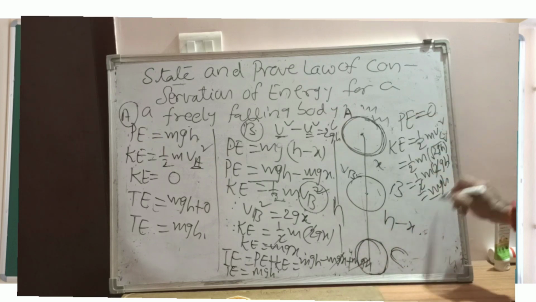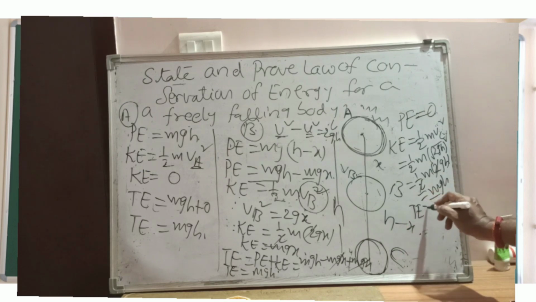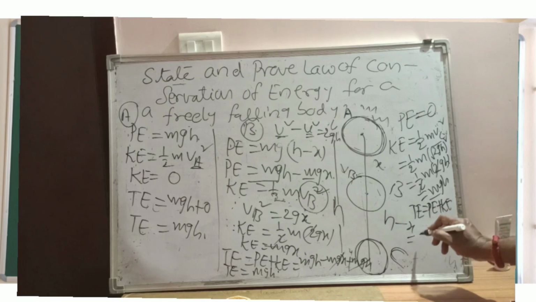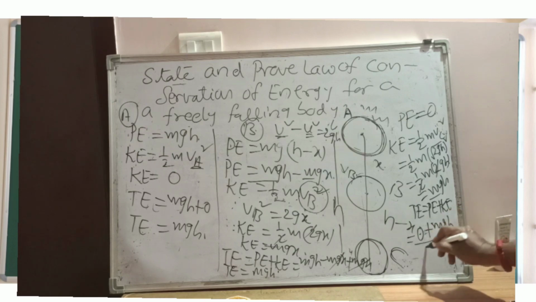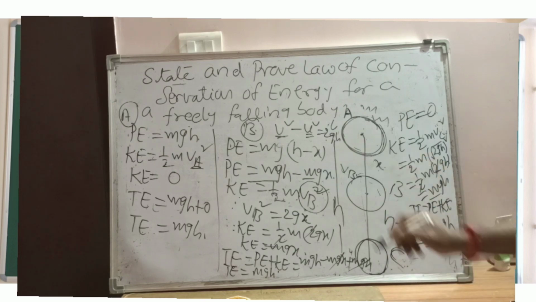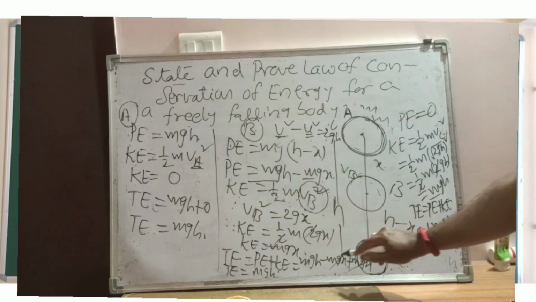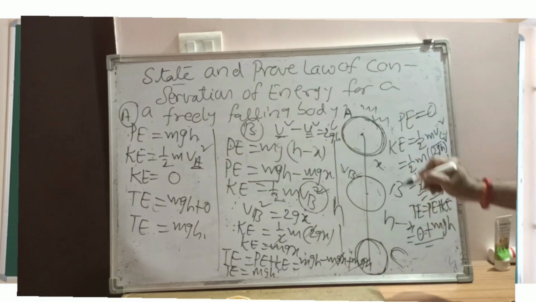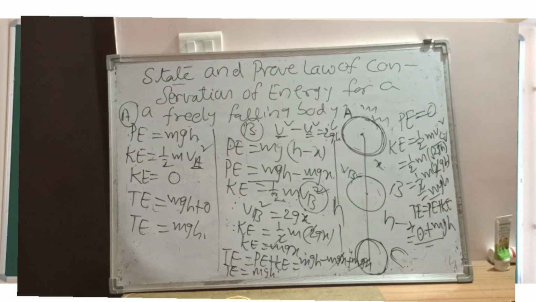So kinetic energy at this point C is mgh. Therefore total energy is equal to, as usual, potential energy plus kinetic energy, 0 plus mgh. Here also total energy remains constant. Therefore at the point A, total energy T is equal to mgh. At the point B, total energy T is equal to mgh. At the point C also, total energy is equal to mgh. Hence, the law of conservation of energy is valid for a freely falling body.